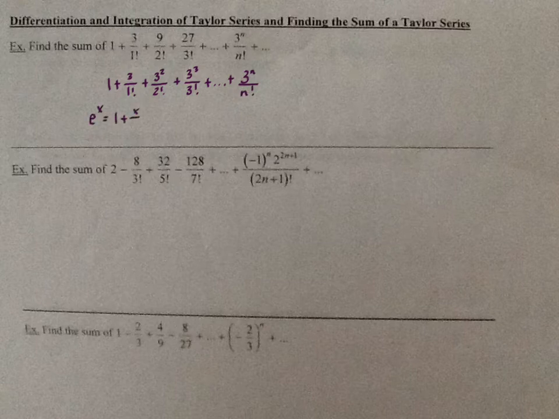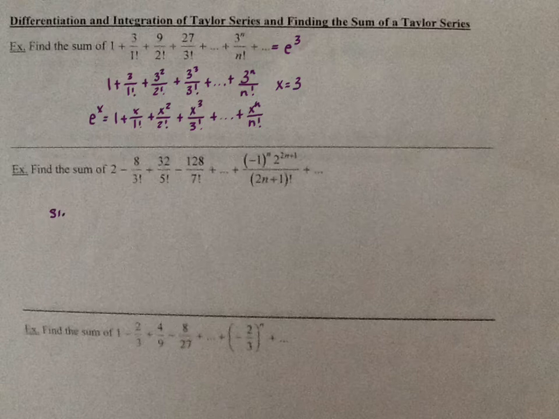Well, if you recall that e to the x is 1 plus x over 1 factorial plus x squared over 2 factorial plus x cubed over 3 factorial plus x to the n over n factorial, then the series above is probably the same thing as e to the x, only with 3 plugged in. So you can assume that the sum of the series above is e cubed.